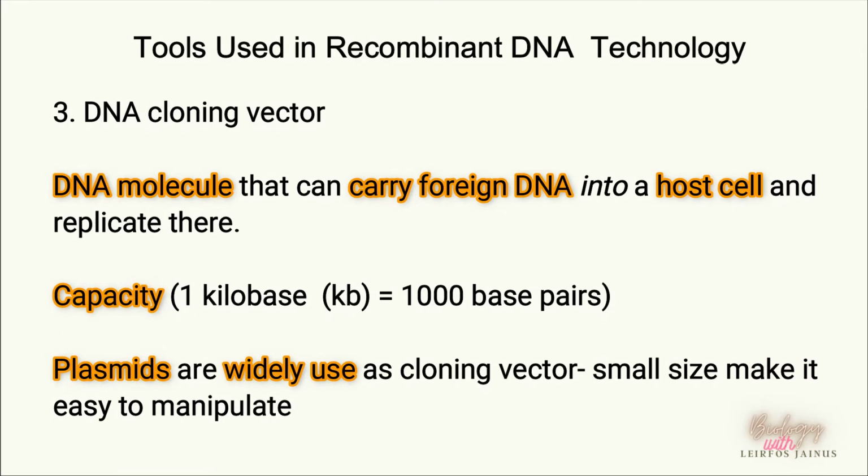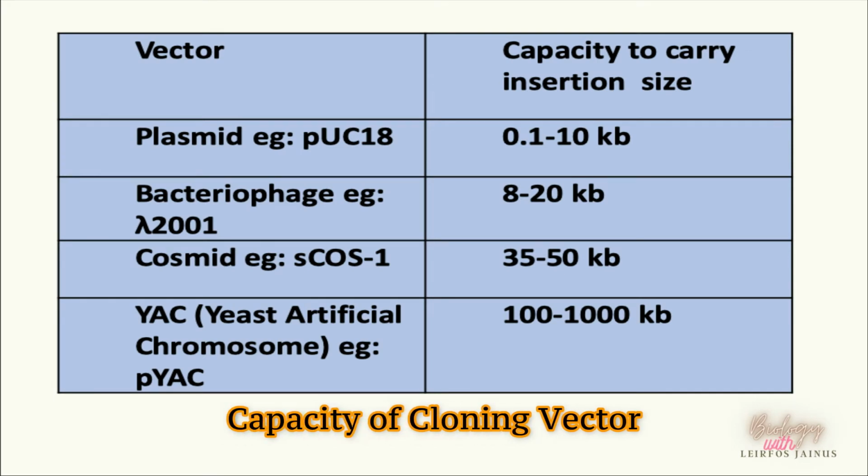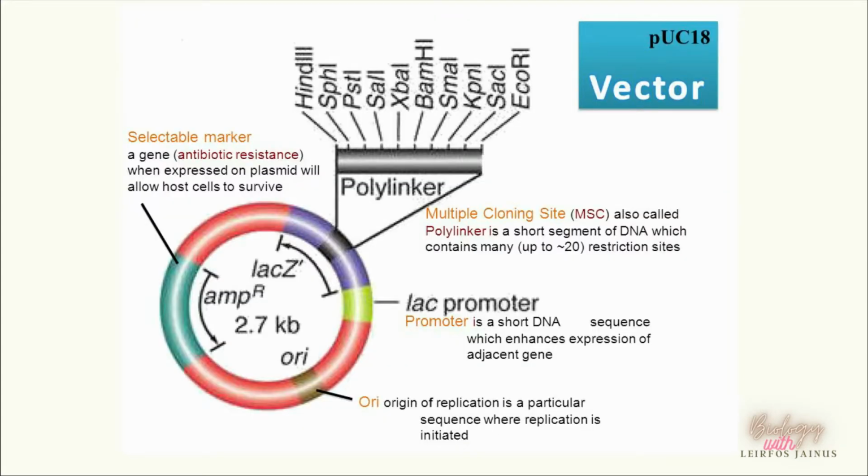The next tool is DNA cloning vector. DNA cloning vector is a DNA molecule that can carry foreign DNA into a host cell and will be replicated inside the host cell. Here are a few types of cloning vector. The most commonly used cloning vector is a plasmid because it is small in size and easy to manipulate.